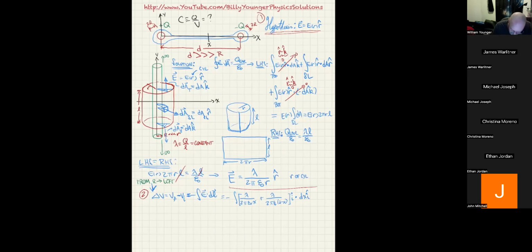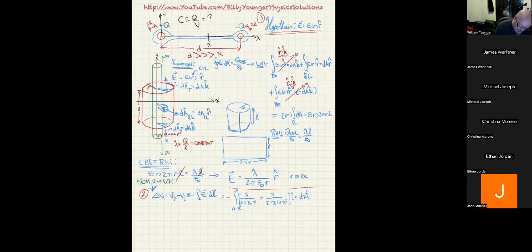That's it. When x is d, notice I'm at the center of the other wire. So I'm going to say d minus r to just plain r. So that's basically how I'm going to calculate the voltage.